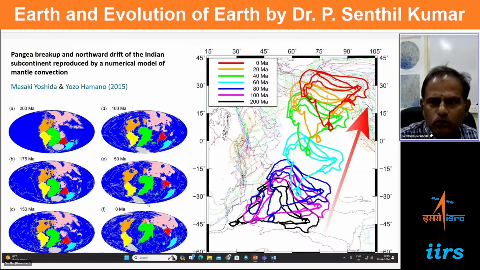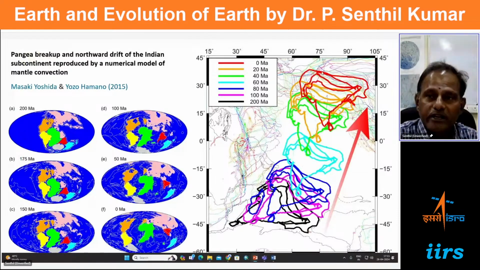And you look at our own India, this is India about 60 million years ago. And it started moving towards the Eurasian plate like this. So they were going like this and started rotating counterclockwise by 30 degrees. They collided onto the Eurasian plate and it produced the huge Himalaya.